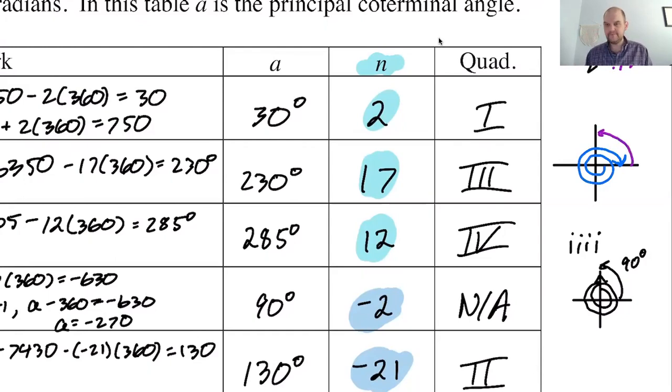So instead of going the full 2 revolutions, the actual rotation that we're doing to get there is you go here, and you just stop when you get here. Coterminal, they end in the same place.